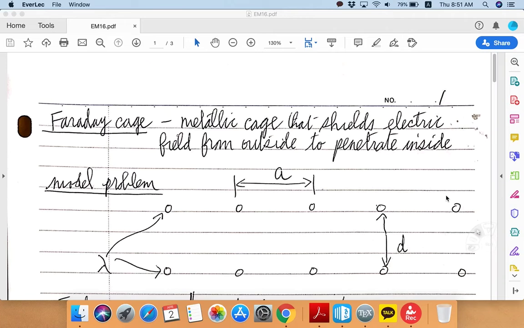This is the cage that was apparently first built by Michael Faraday using a crisscross of metallic wires, and as he put himself inside that wire cage, he found that the strong electric field from outside the cage was not able to penetrate to his body that was inside the cage, and that was quite a fantastic phenomenon that he observed.